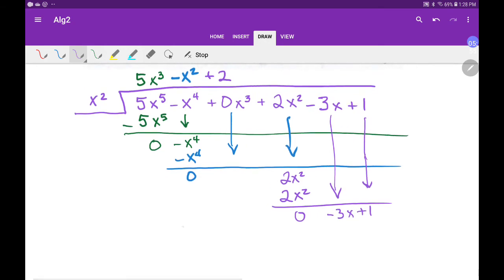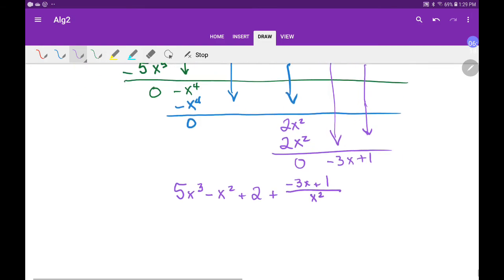So my answer is going to be what I have on the top so far, 5x to the third minus x squared plus 2, and then a fraction. The things that are left over, and I'm going to say plus, and I'm going to say minus 3x plus 1 over my divisor, which is x to the second power.